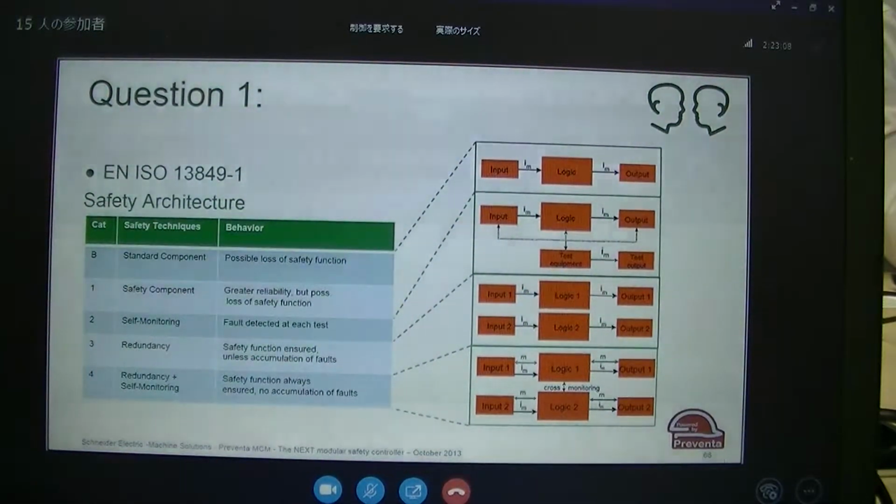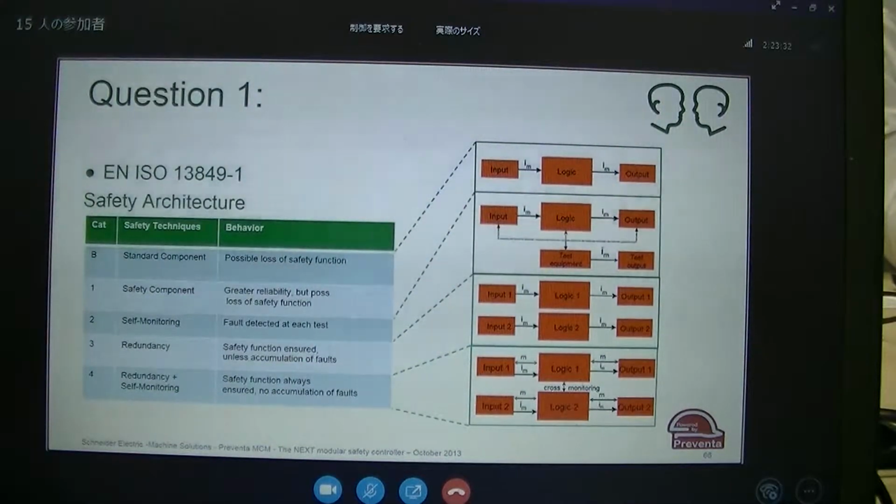We can detect the short circuit to ground from each other. We can detect the short circuit to external plus 24 volts from each other, and in case only one wire is cut, we can monitor that also.